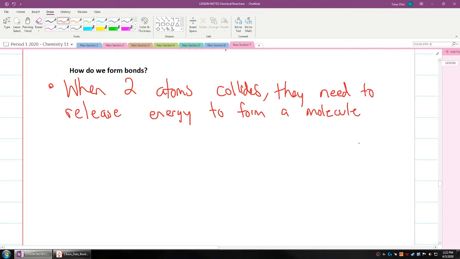Because if they have too much energy, you could think of it as two basketballs: if they have too much energy and they collide, they're not going to stick together. They'll bounce apart because they have too much energy.